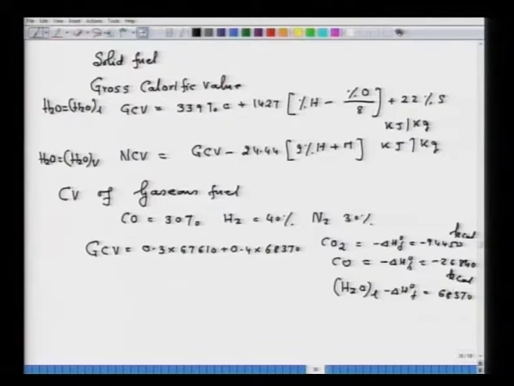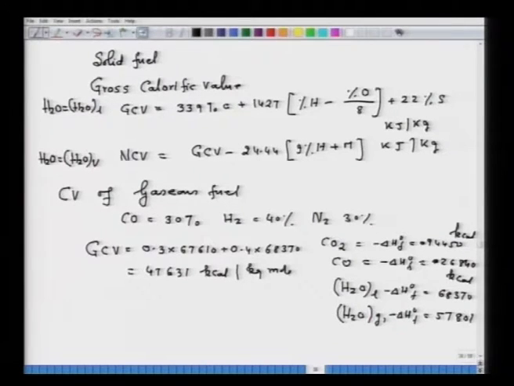Now, since I have written minus delta H naught F here, there is no need to write minus here, that is implied. Whereas for H2O gaseous, minus delta H naught F is equal to 57,801. So, if I calculate GCV, that will come to 47,631 kilocalorie per kg mole of fuel, because we have selected 1 kg mole of fuel.